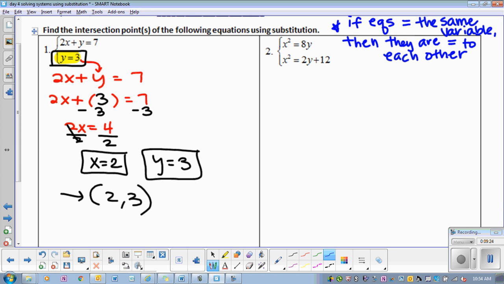If your equations are equal to the same variable, then they are equal to each other. So if they're both y equals, or if they're both x equals, or in this case, if they're both x squared equals.